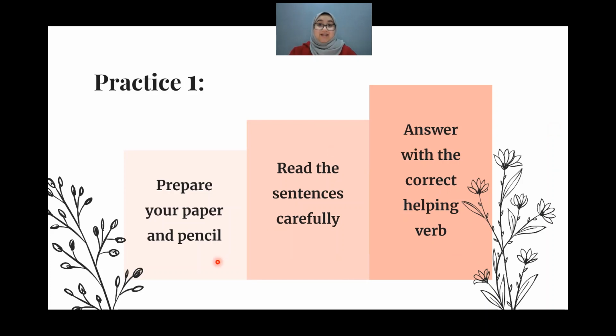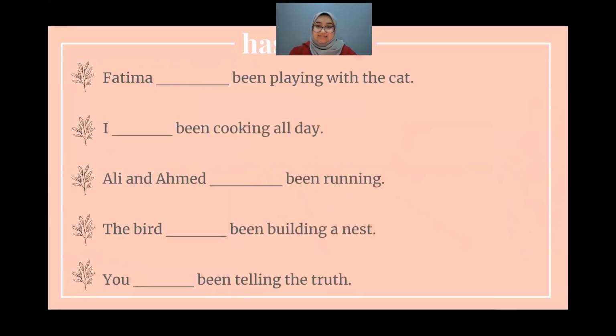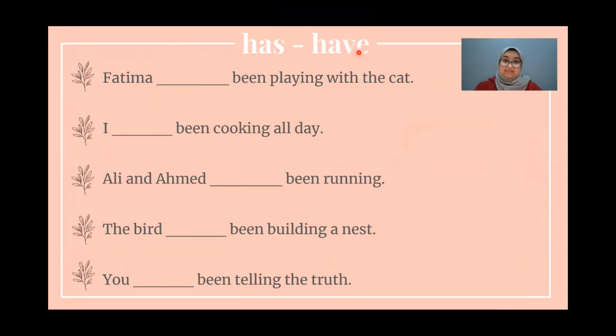You have to prepare your paper and pencil, and I bet your paper and pencil are already prepared. Read the sentences carefully and then answer with the correct helping verb. Very simple, right? Let's read our sentences and then you can pause the video to answer. Number 1, Fatima blank been playing with the cat.